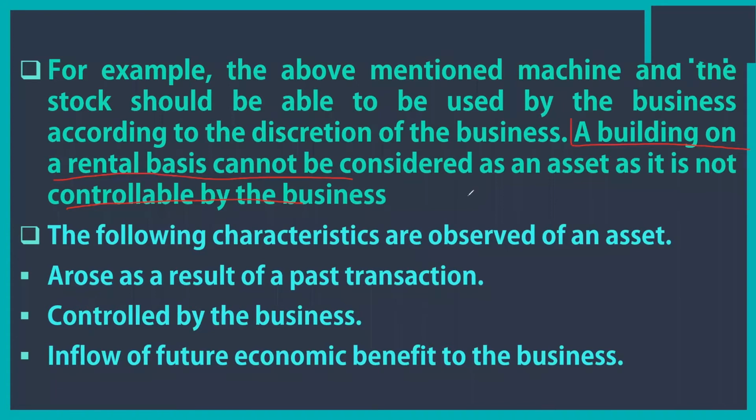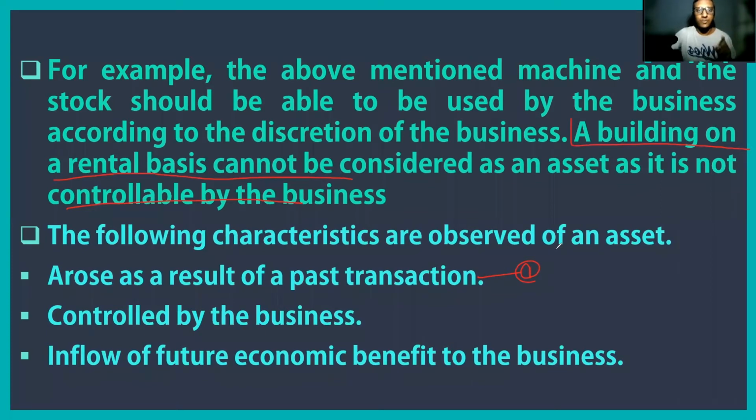So the following characteristics are observed of an asset, right? So guys, this will be important because these are the characteristics of an asset, and you need to remember these three characteristics of the assets. Number one, arose as a result of a past transaction. In Sinhala we say අතීත ගනුදෙනුවක හෝ සිදුවීමක ප්‍රතිඵලයක් ලෙස ජනිත වූ, right?